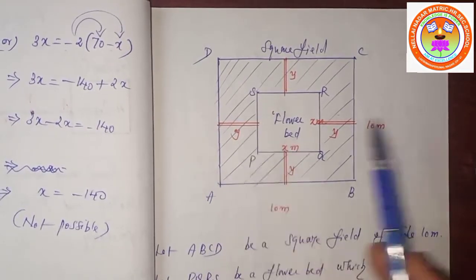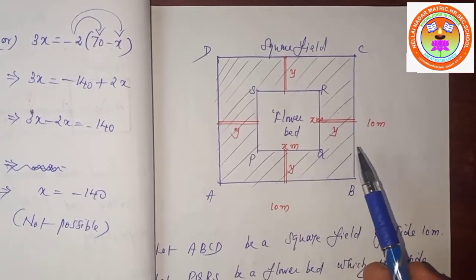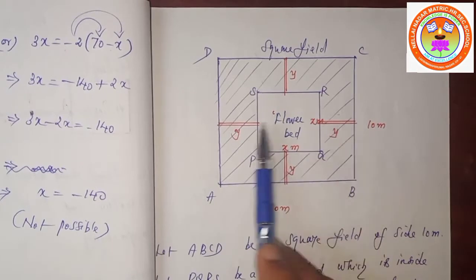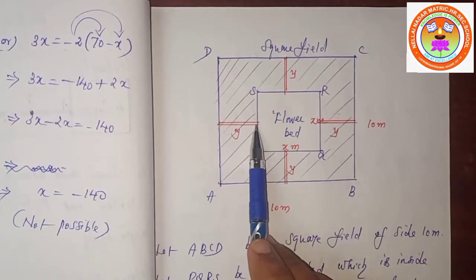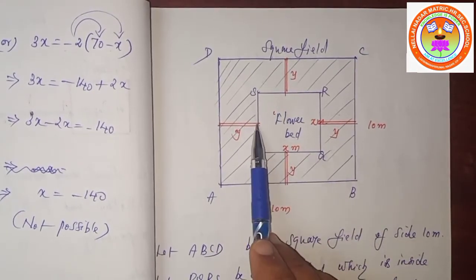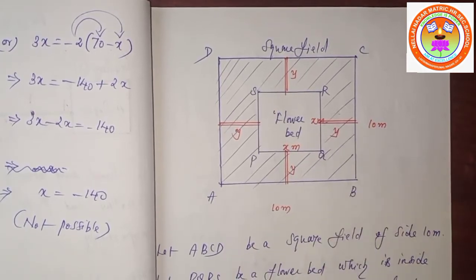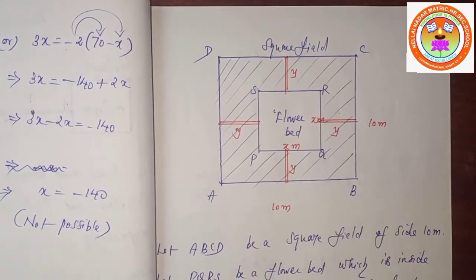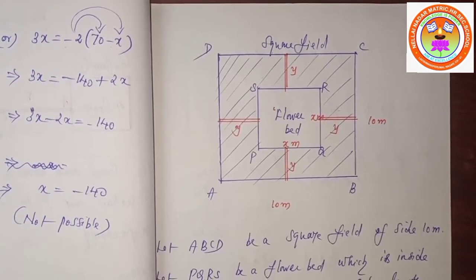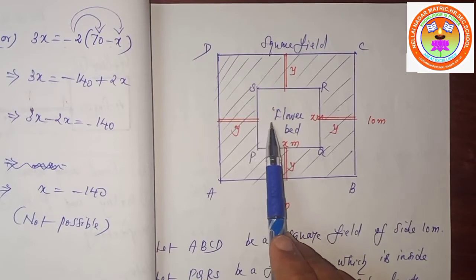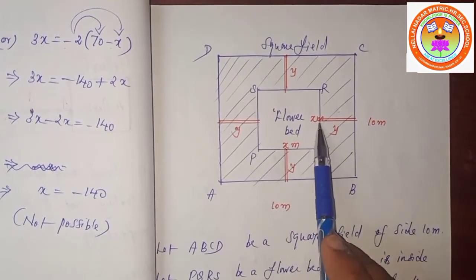How to find? From the diagram, listen. From here to here, what is the distance? This is y, then x, then y.